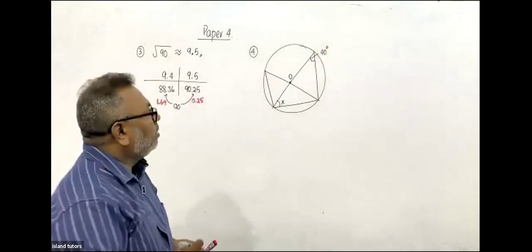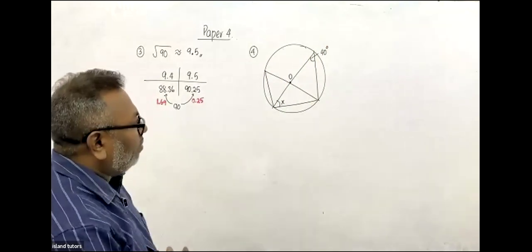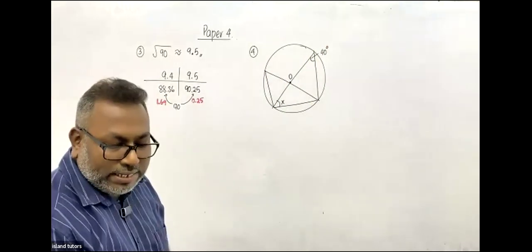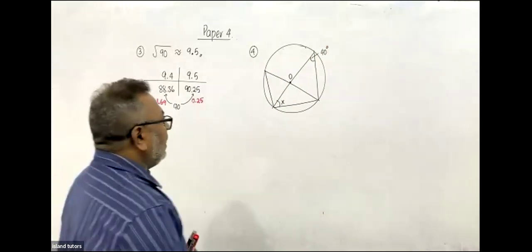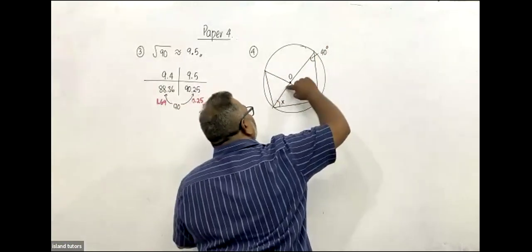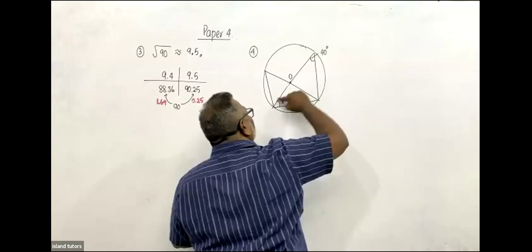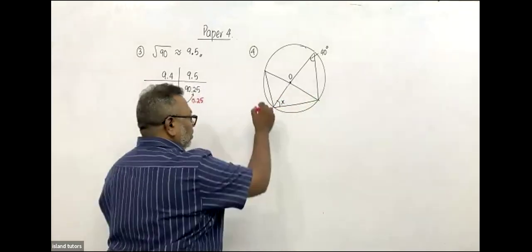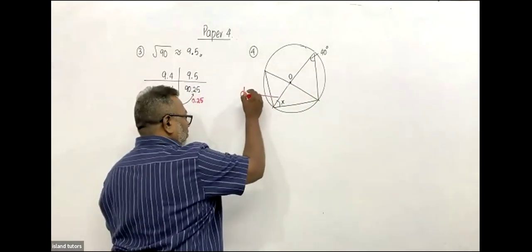Again, it asks you to find the value of x, which can be done easily. How do you find that? You can see this line which is cutting through the center point becomes your diameter.